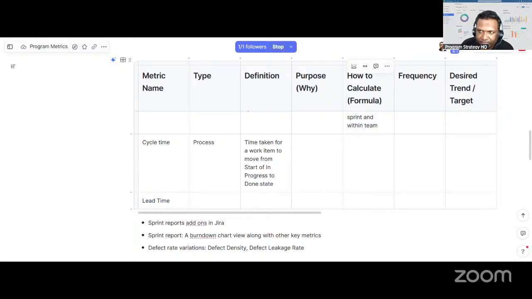So lead time. Let me meantime populate what I can. Cycle time and lead time.